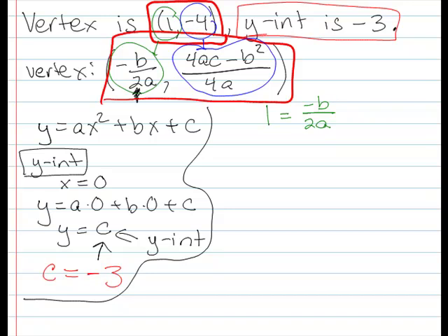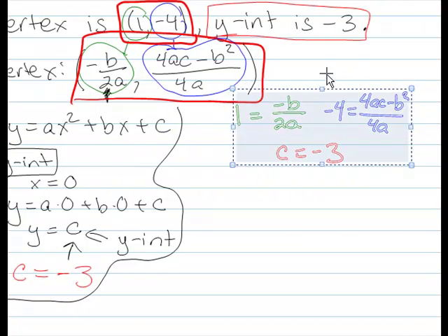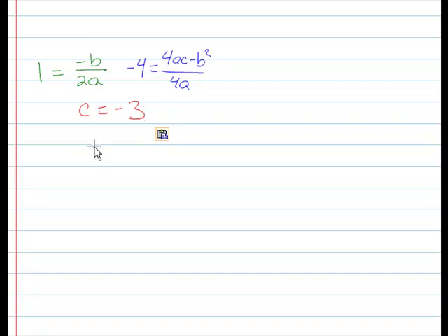And I've also got that -4 is equal to (4ac minus b squared) over 4a. And I happen to know from that previous observation that c is equal to -3. So I'm going to copy this and move it over to the next screen, and we'll solve it from there.